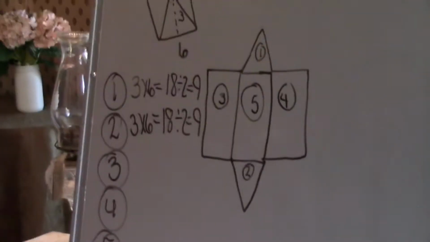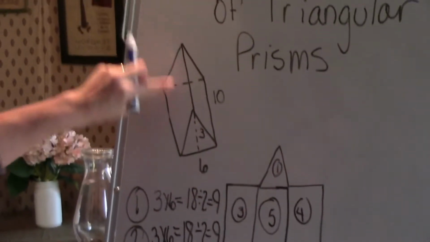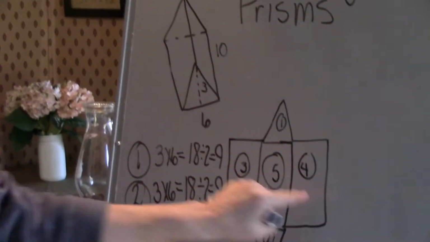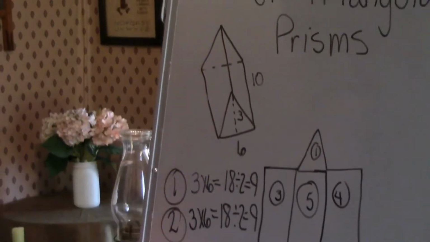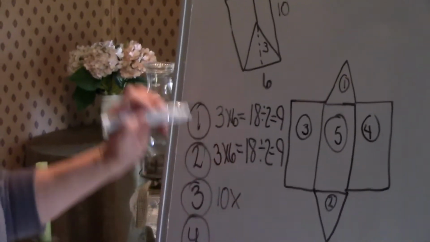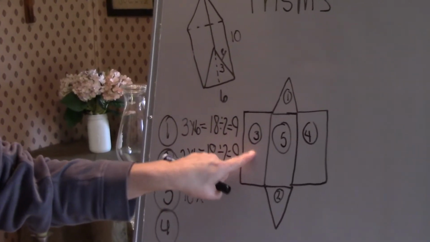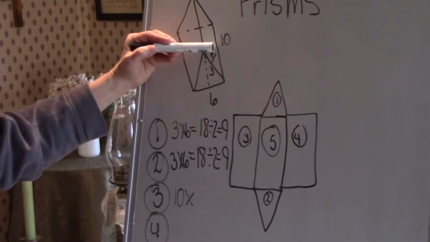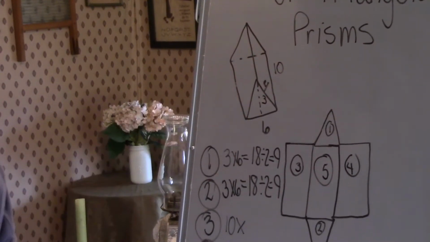Okay? So now let's see if we can figure out the dimensions for this side or face, which is the same as this one, which is 3 and 4. Well, it looks like this face has a length of 10. Okay, so this is 10. So when we are trying to find the area of this face right here, we need the length measurement, which is 10, and the width of this, which is actually, I wrote it in, it's going to be 4.